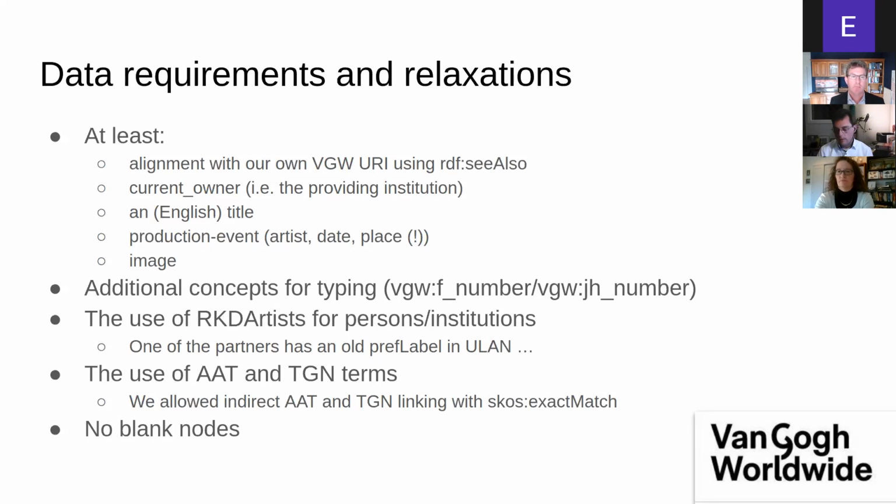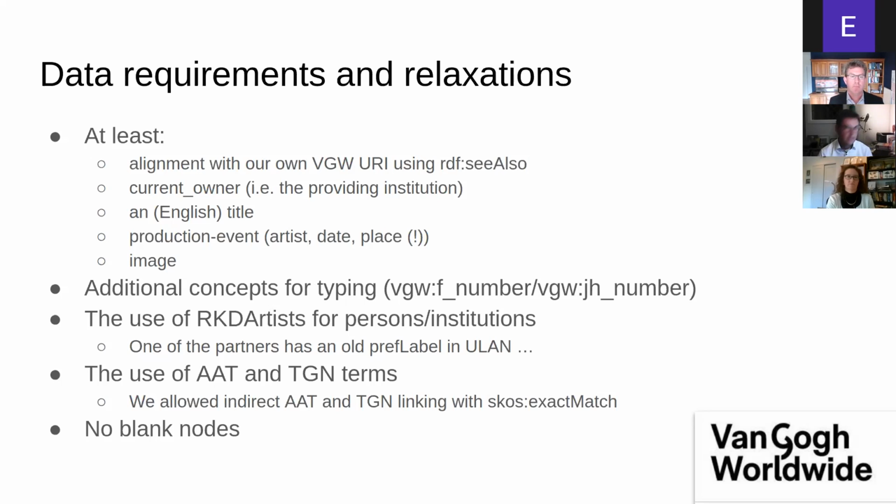And we asked everybody to link their work to this canonical Van Gogh worldwide URI that we introduced, and we used the RDFS seeAlso property to do that. You had to introduce your current owner property, otherwise we couldn't see from which institute the data was coming, and we wanted to present that on the website, obviously.